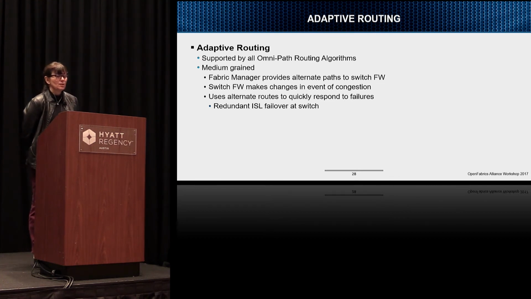It's also used for fixing a path in the face of disruption. If you have a lost path, say one of your ports goes down on the switch, we can quickly modify the routing tables at the switch level instead of waiting for the fabric manager to resweep the fabric and reprogram. So it helps with that.